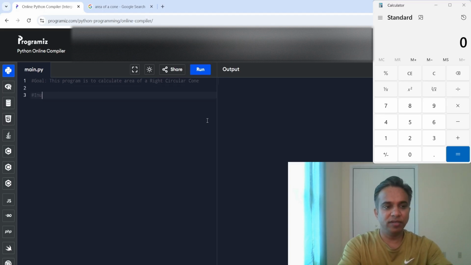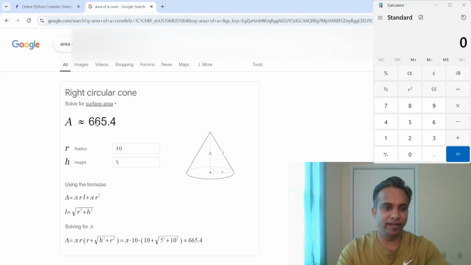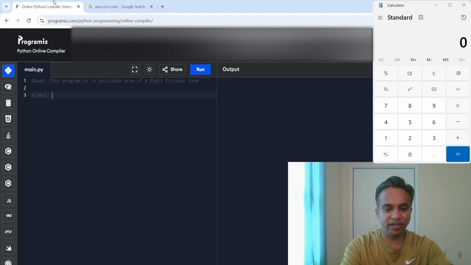What is going to be the input? The input is going to be R and H. One is radius, and the second one is height.